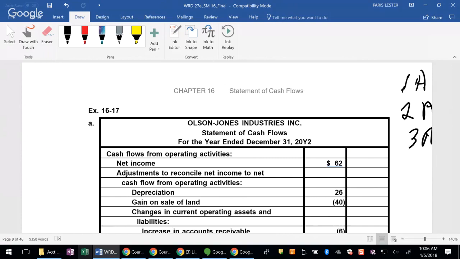I'm not going to give you homework on the direct method, but I will show it to you Tuesday. So here's what we're going to do Tuesday, 1, 2, and 3A. And I want you to read chapter 17. All right. I'm going to give you a cash flow statement to do at the end of the period, but right now we're going to look at chapter 17 briefly.